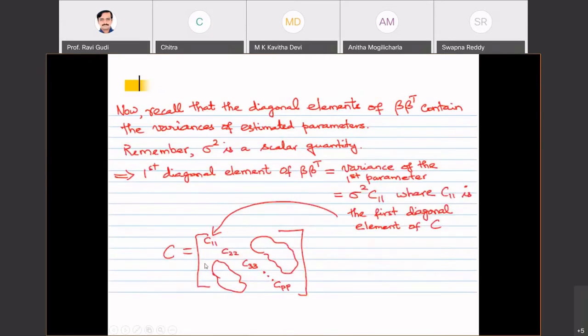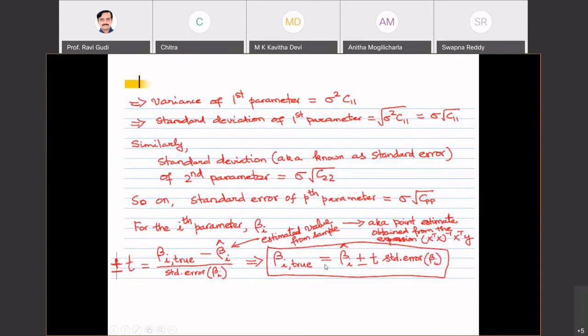Then, further analyzing the diagonal, we get the variance of each of the parameters as the size of the diagonal element. And we established these kinds of confidence bounds.